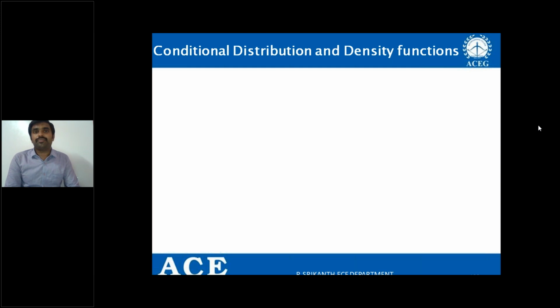In such a scenario you define the joint probabilities. If you have the joint probabilities, you can define the conditional distribution and conditional density function.